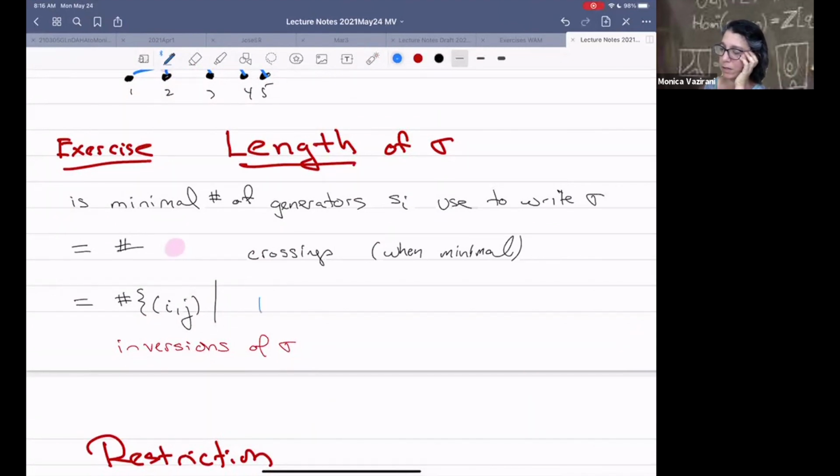This is the number of pairs i less than j such that, let's say sigma is your permutation, sigma of i is greater than sigma of j. So that's an algebraic way that you can compute this number and know how many generators to expect.